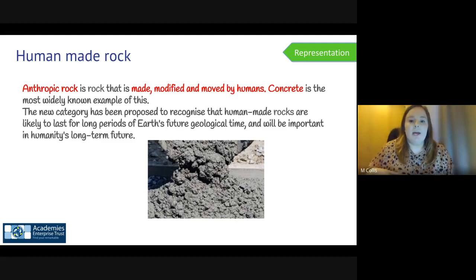So if you look at our houses now, they are made out of concrete and bricks, rather than out of marble, because marble won't last that long. So they're made out of human-made rocks to make them last longer.